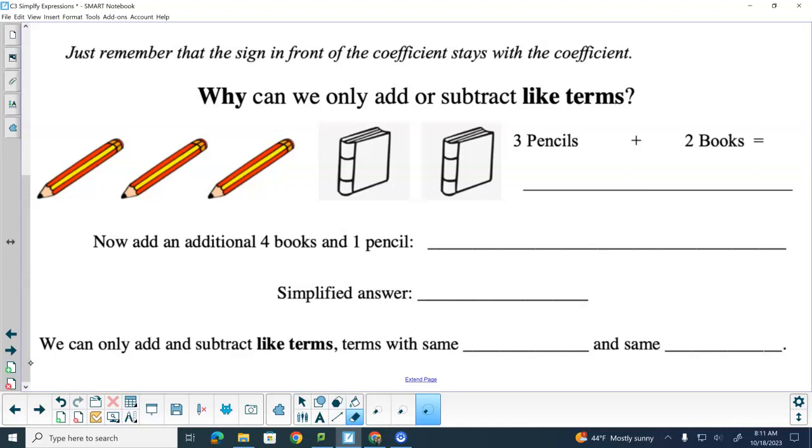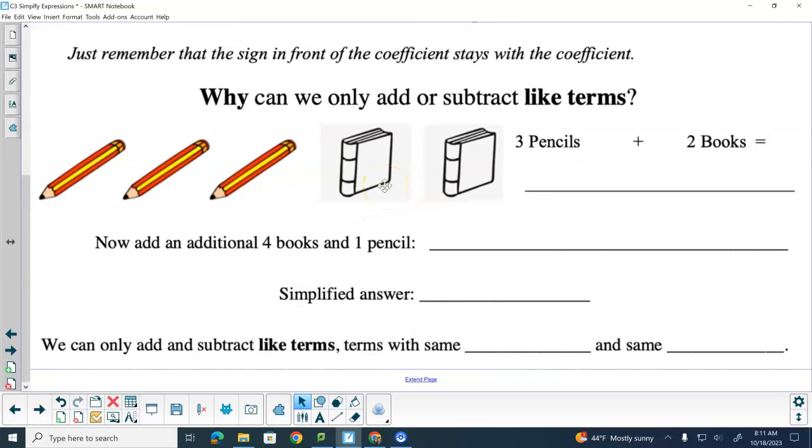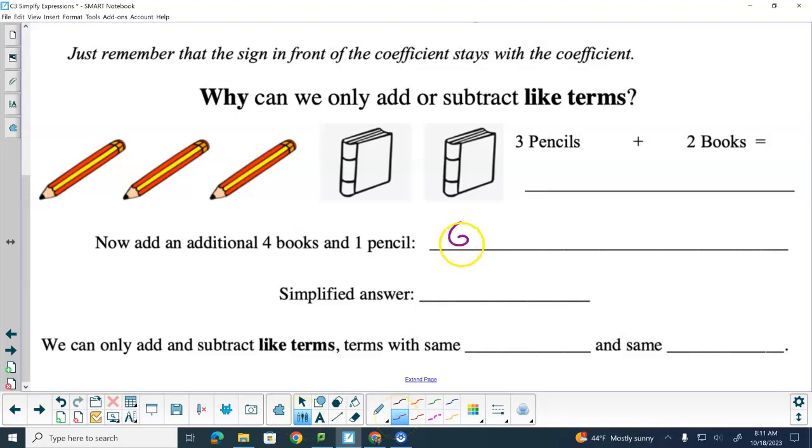So if I add 4 more books and 1 pencil, how many books am I going to have? I'm going to have 6 books, right? If I add 1 more pencil, how many pencils am I going to have? 4 pencils.